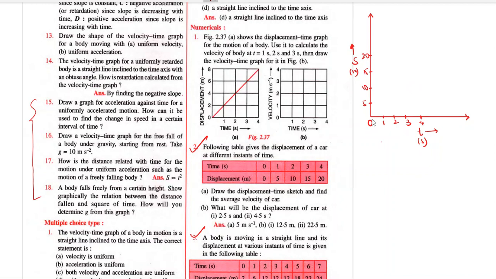So the first point will be 0, 0. Second point will be 1, 5, 2, 10, 3, 15, and 4, 20.